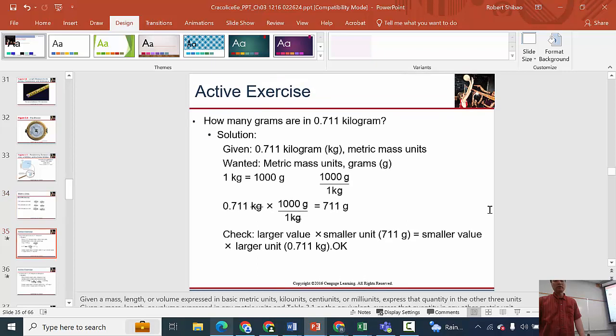Sorry, let me move on here. So how many grams are in 0.711 kilograms? And so here we take our 0.711 kilograms, and then we use this relationship. Now, typically this is a measurement. And so when we have a measurement, 0.711 kilograms, there's some uncertainty there. And that uncertainty is going to be given by how many sig figs they wrote. They didn't write 0.7.